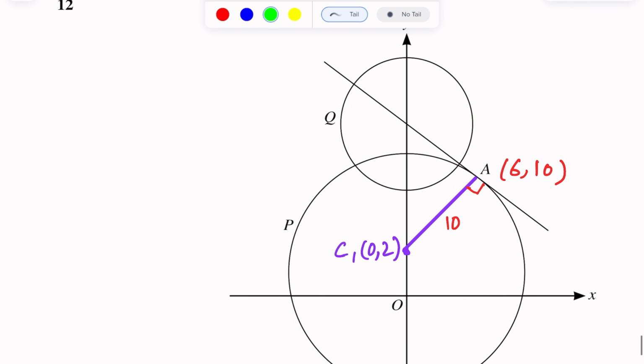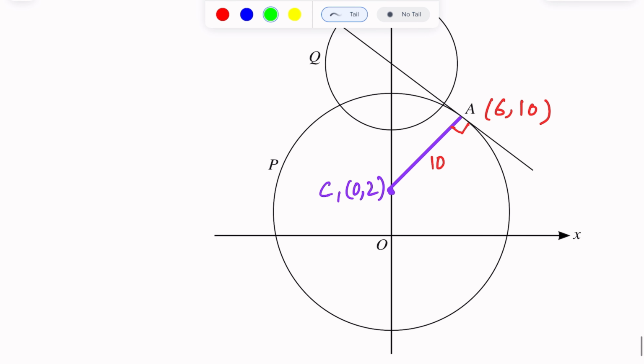Since this radius is perpendicular to the tangent, first we find the gradient of this radius AC1. We will find the gradient of this line, that is the radius of the circle P. Points are given, so we can find the gradient of this line.